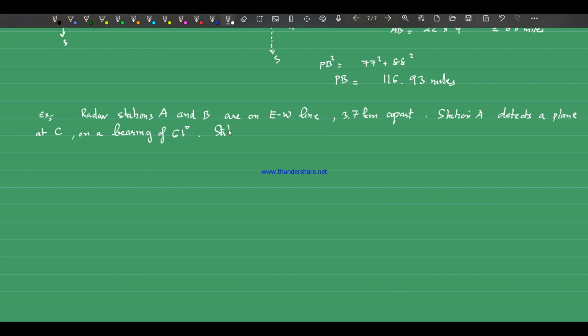Station B simultaneously detects the same plane on a bearing of 331 degrees. Find the distance from A to C.